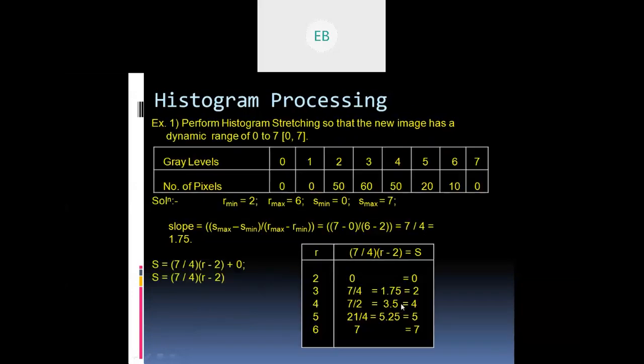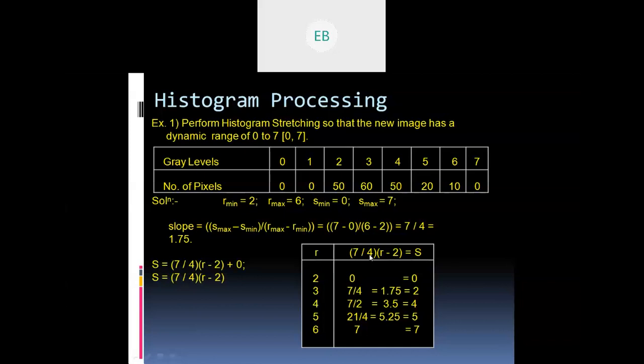Now we have to calculate the S value. We use the previous equation here: S equals this value into R minus 2, plus 0. The plus 0 is excluded because it's already 0.